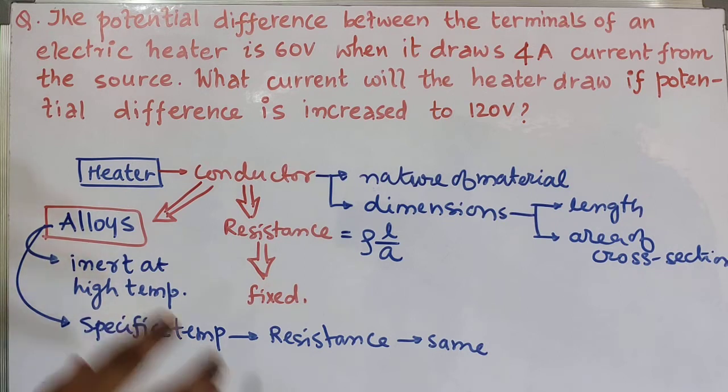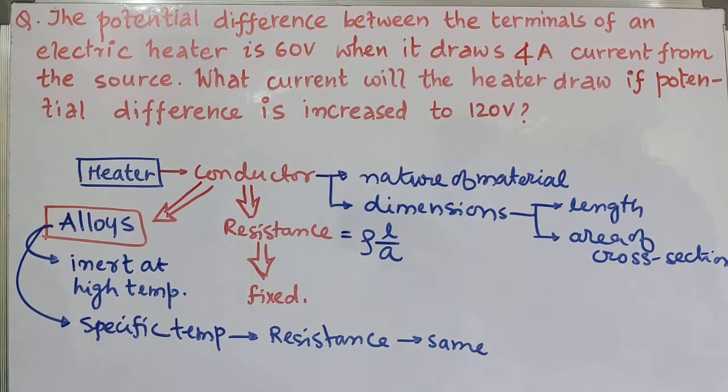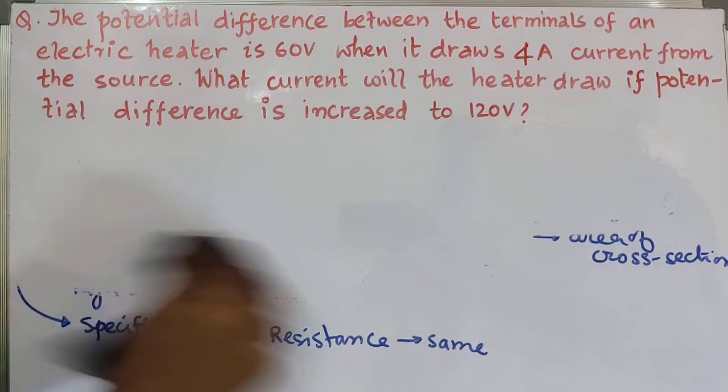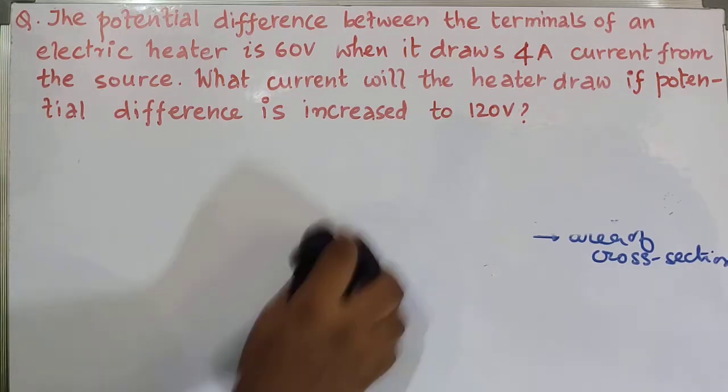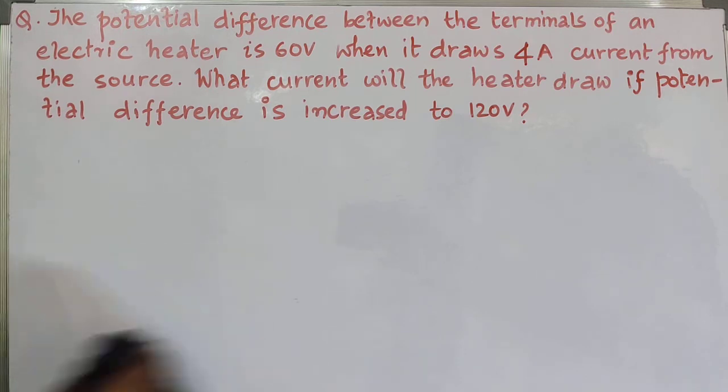So the resistance value is not going to change whether 4 amps current is flowing or any other current is flowing. Now let's discuss a little bit about Ohm's law. What does Ohm's law say? Ohm's law says that the potential difference across the ends of a conductor is proportional to the current flowing through it, given the temperature is kept constant.